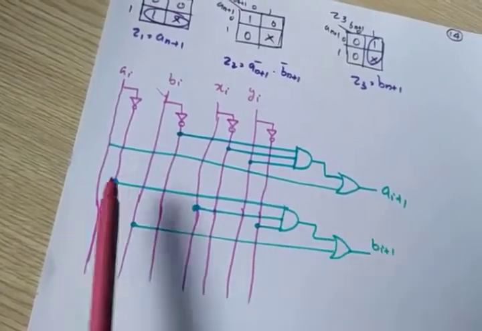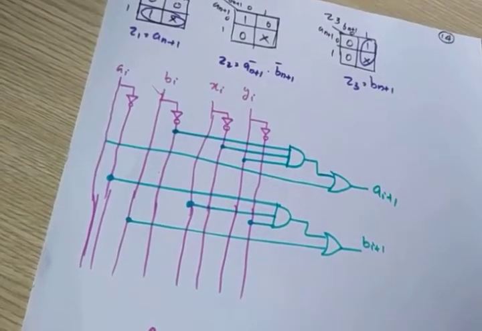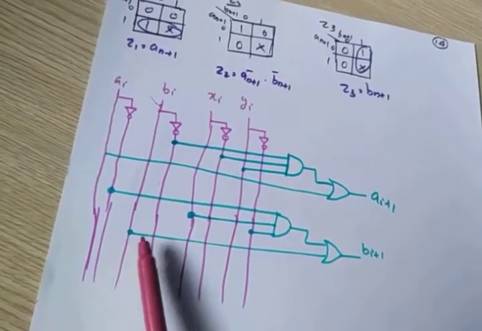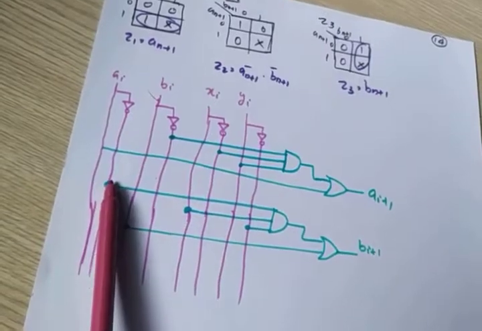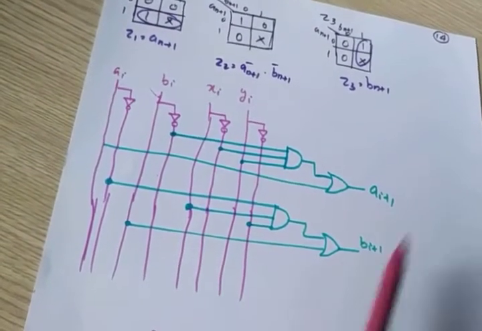Now bi plus 1 equals ai bar xi. Bi plus 1, it is written bi bar ai bar xi yi bar. So bi plus 1 is ai bar xi yi bar.